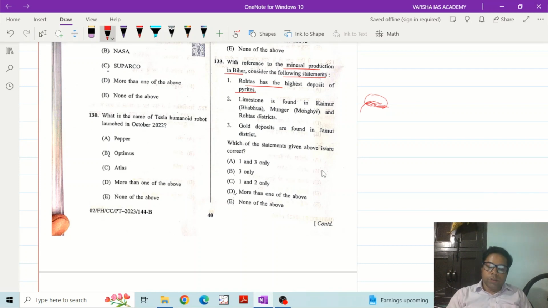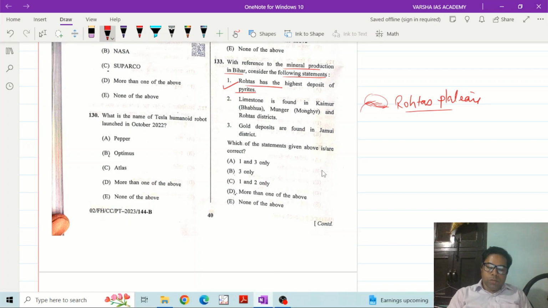This is the extension of the Rohtas Plateau in Bihar. The Rohtas Plateau is a part of the Chota Nagpur Plateau and is composed of batholith, and batholith always has pyrites. So this statement is absolutely correct.